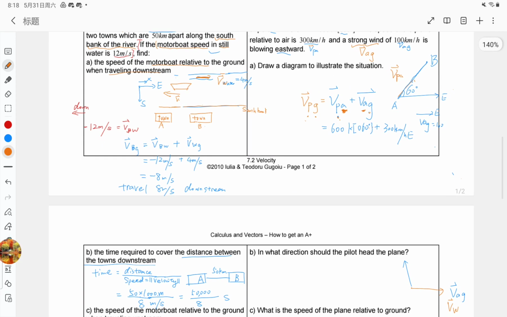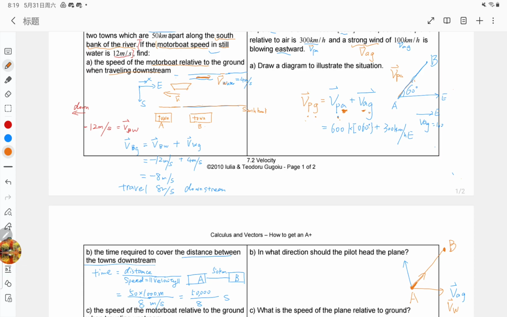Okay. And then I know that I need to travel from A to B. I need to travel from point A to point B, and so the resulting direction that we need to go is actually this direction. Like the result we need to travel, right?